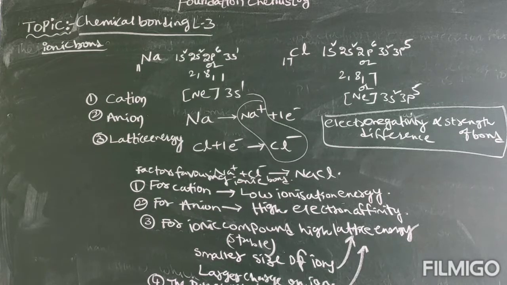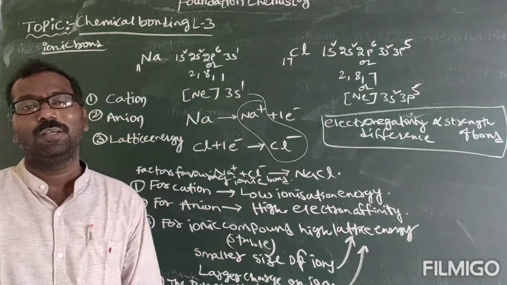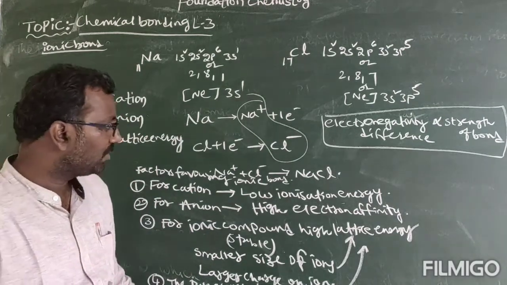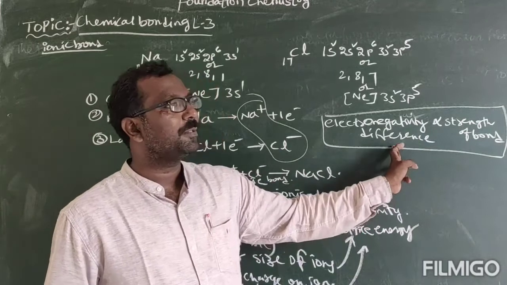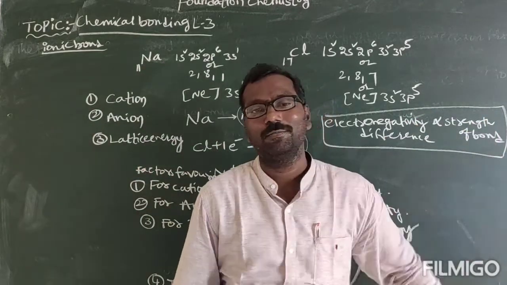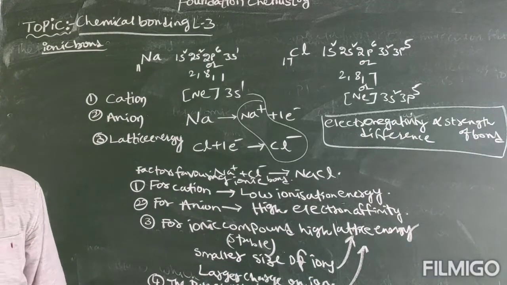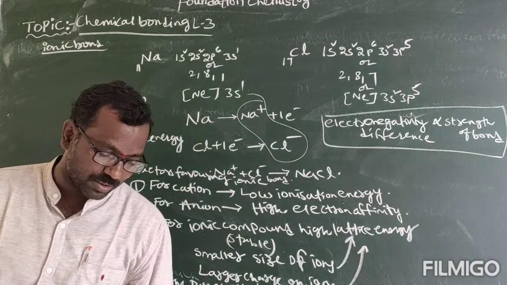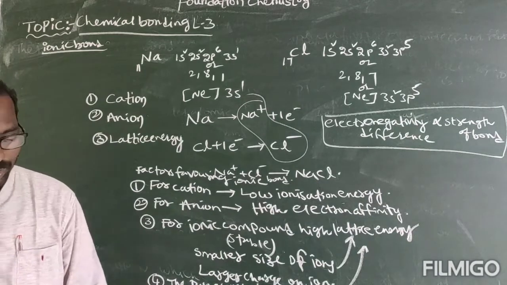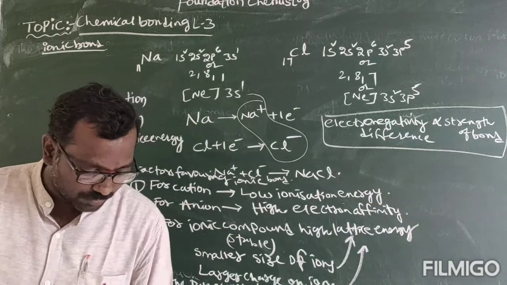Which one is the stronger ionic bond? MgCl2. So why? The more the electronegativity difference, the more the strength of the bond.